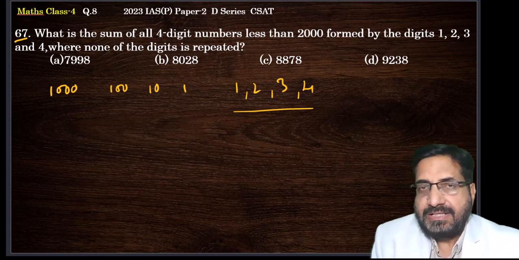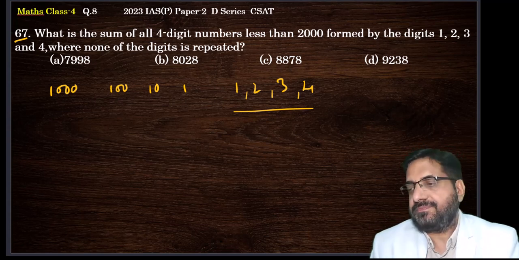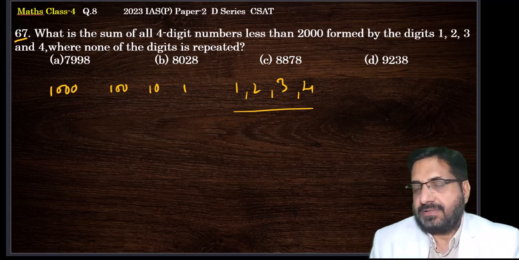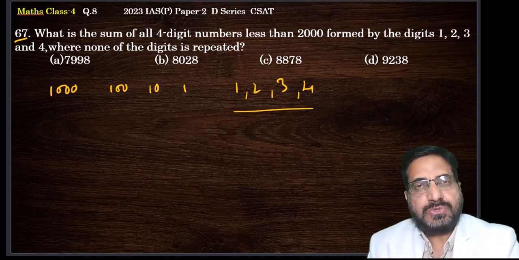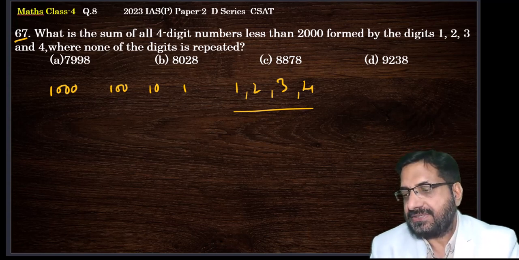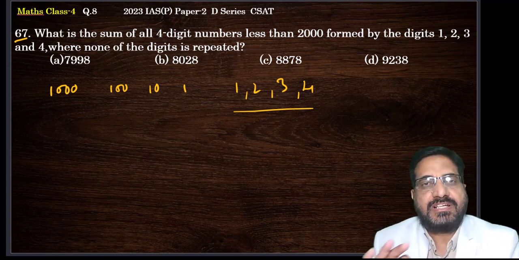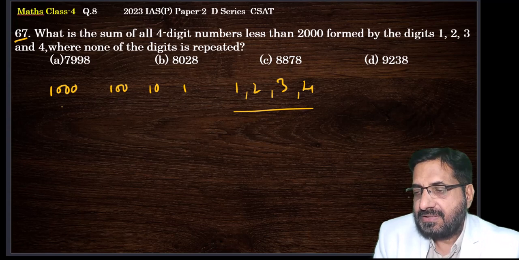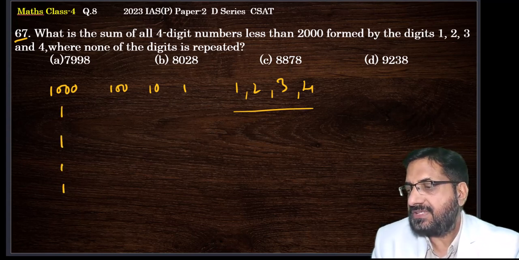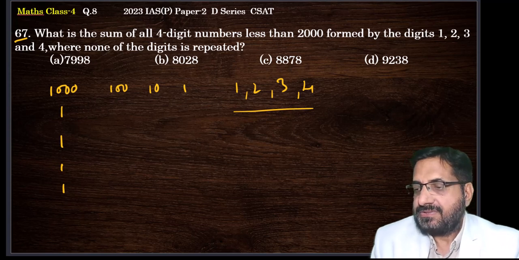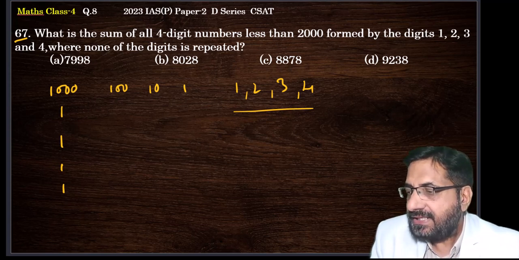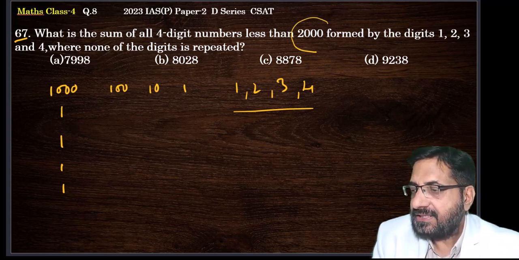So in the 1000th place, to get that number less than 2000, what is the condition? You should not get more than 2. This is the only tricky part here.